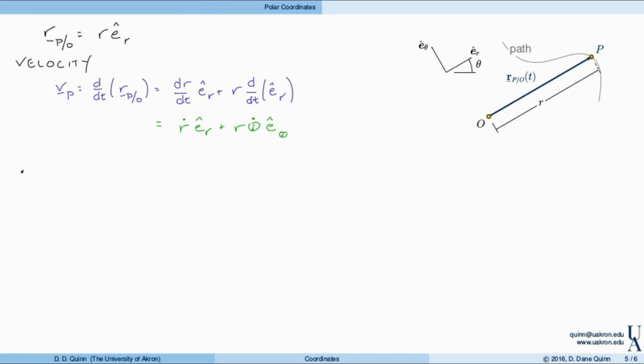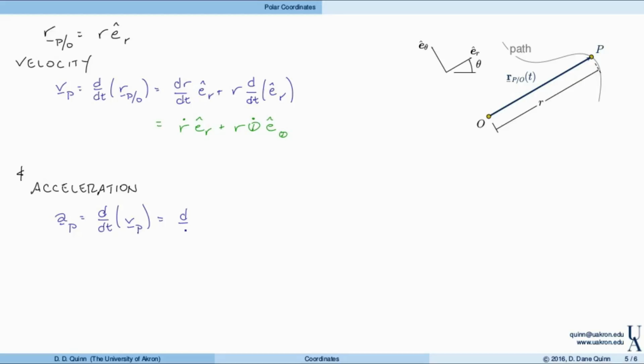And for the acceleration, we will take the derivative of velocity. So the acceleration, d dt, of the velocity of p. So once again, we'll take the derivative of these terms. Right?